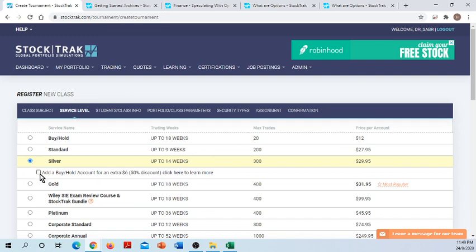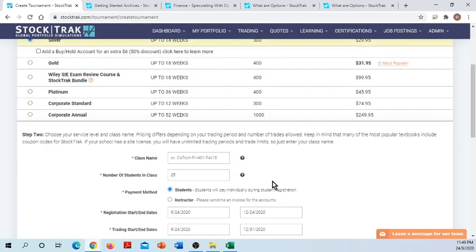Here there is an option to add a buy and hold account, which will cost an extra $6 in addition to the price showing here to your students. Some courses want their students to compare, for example, a buy and hold strategy relative to an actively trading strategy. So this option makes this type of comparison much easier.